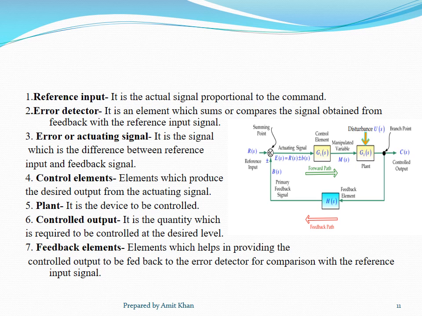Then come control elements, elements which produce the desired outputs from the actuating signal. Then plant, it is a device to be controlled. Then controlled output, it is the quantity which is required to be controlled at the desired level. Then come feedback elements, elements which help in providing the controlled output to be fed back to the error detector for comparison with the reference input signal. It is called feedback elements.